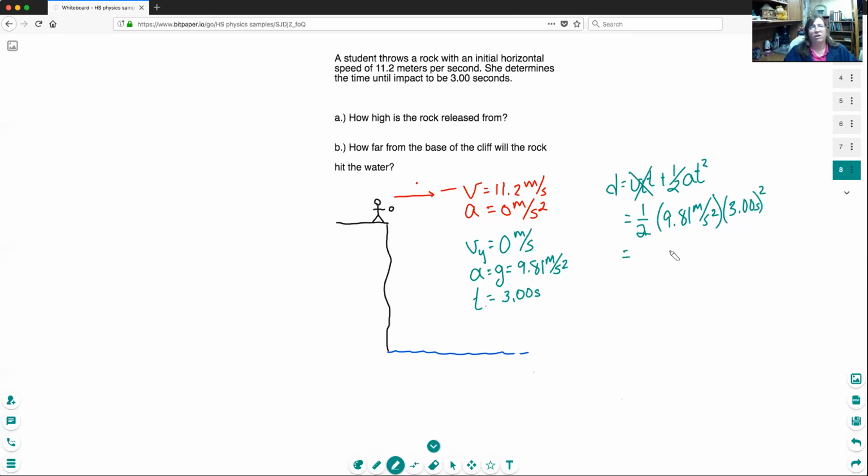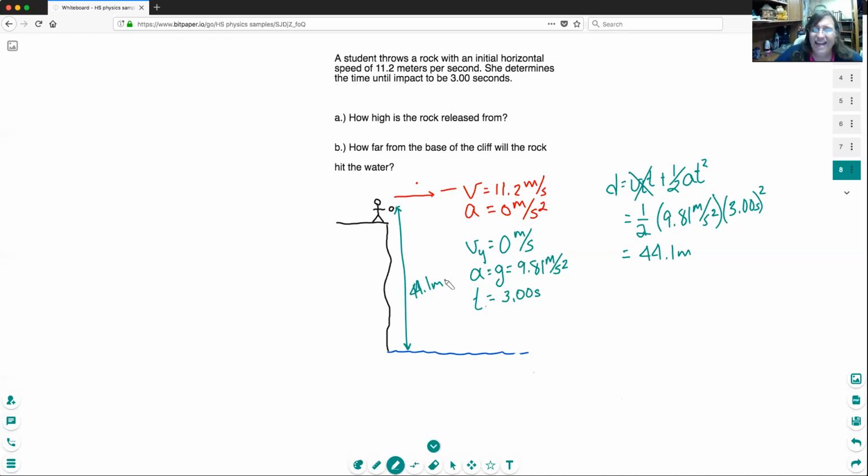If we run this through the calculator, we're going to come up with an answer of 44.1 meters. So this height, from the point where the rock is released to the water, is 44.1 meters.